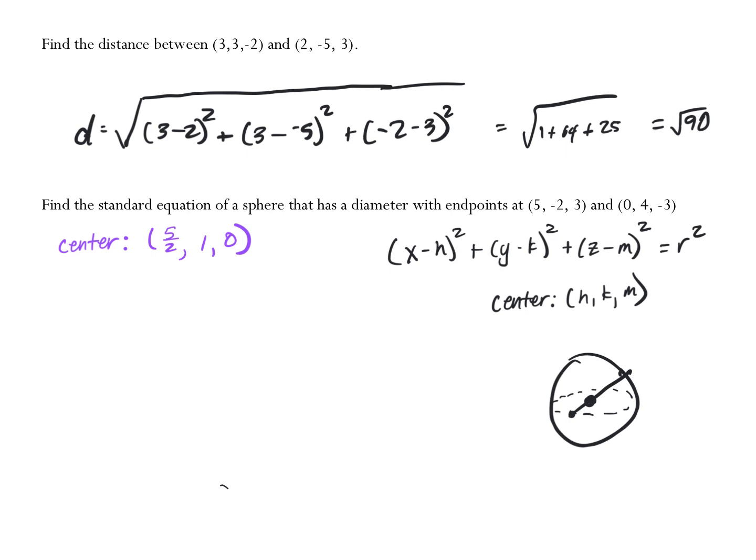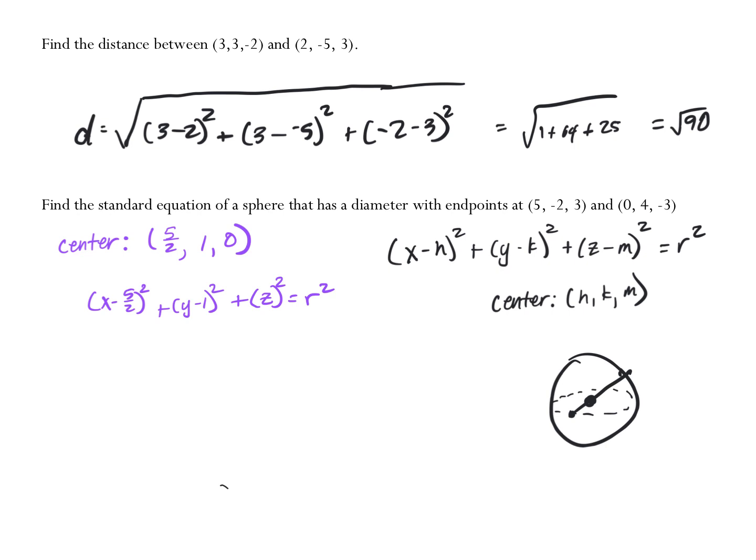Now, there's a lot of ways we could find the radius to find this thing. What I would probably do is, so I now know it's x minus 5/2 squared plus y minus 1, the quantity squared, plus z squared, because there's 0, has to equal my radius squared. Is everybody with me? And then that's true for every single point that's on the boundary of the sphere.